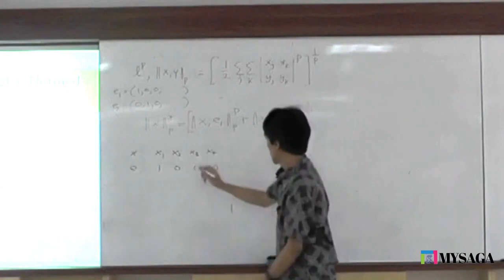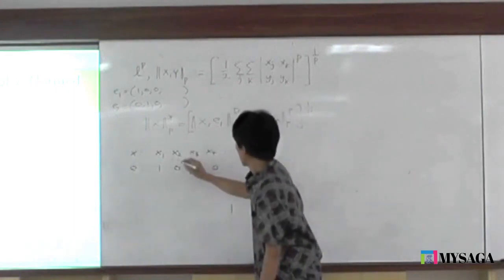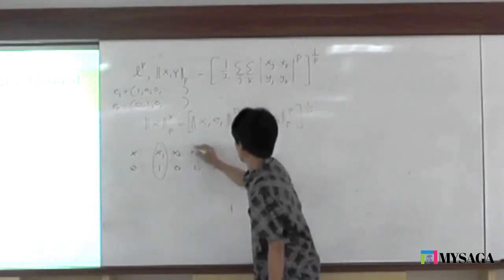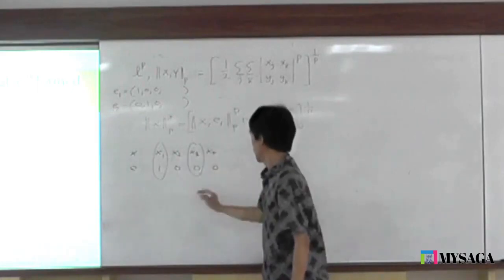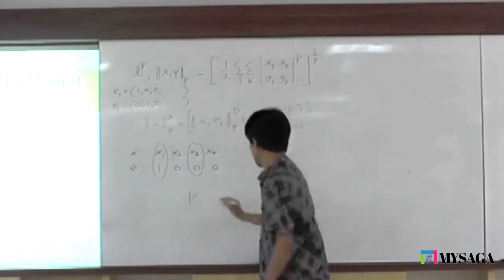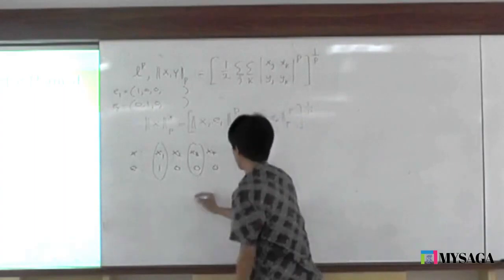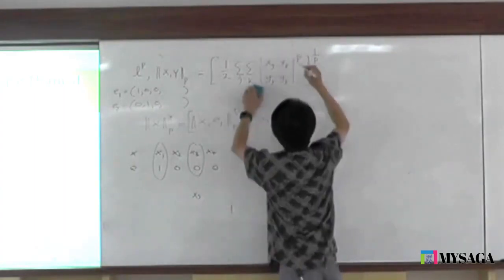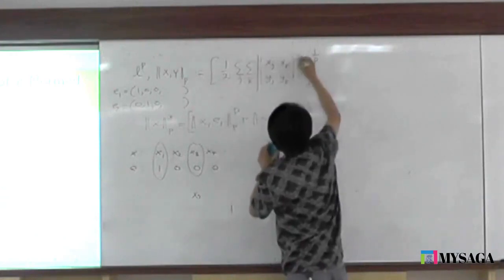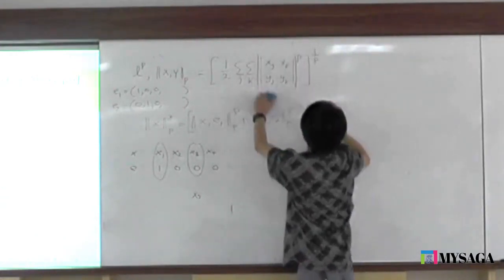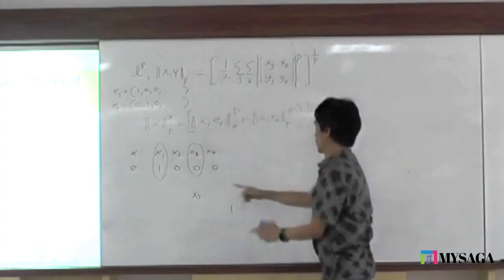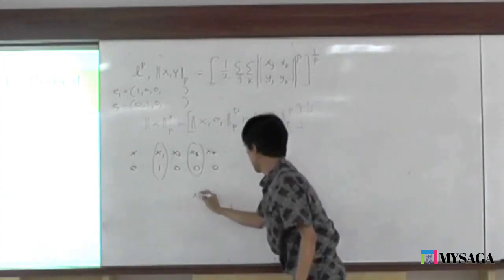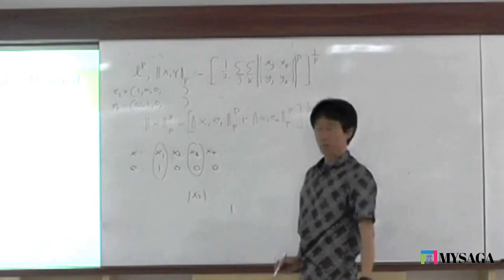But here, for example, if you take this column and that column and you compute the determinant, you get x3. Oh, I need an absolute value. Okay, absolute value. So you get x3 minus x3 actually, but then you take the absolute value.